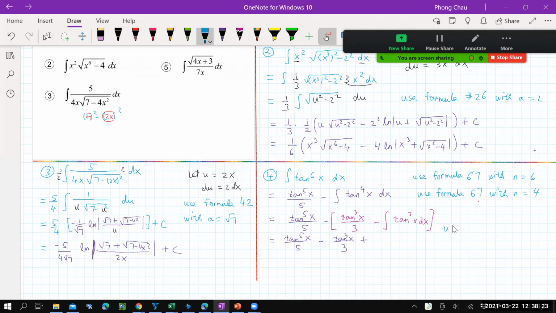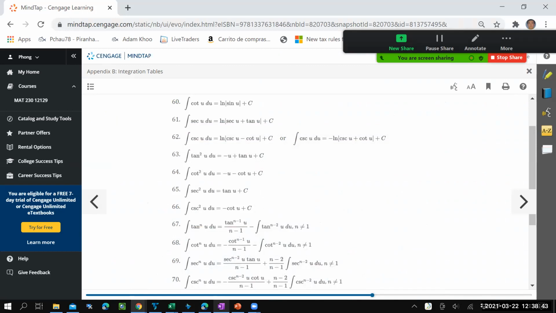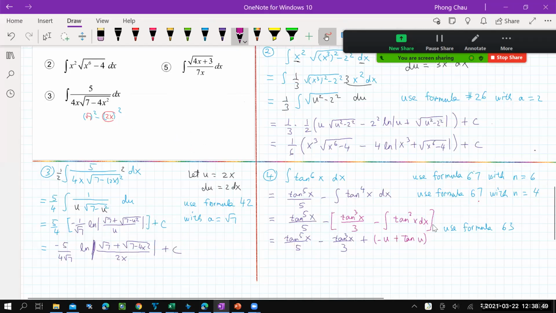Right here, we use formula 63, and the answer is negative u plus tangent of u. Okay, and of course plus constant.